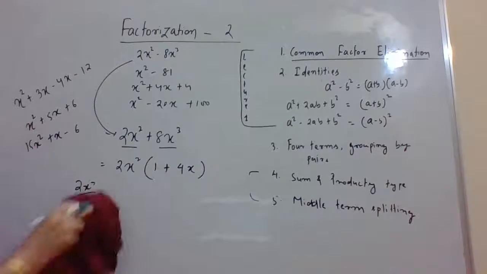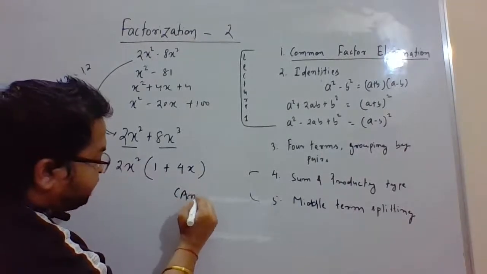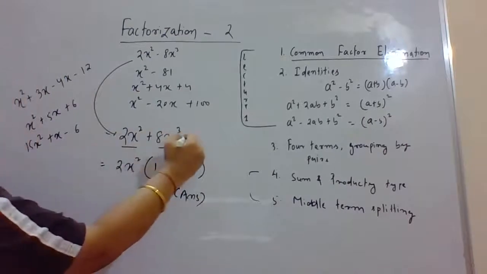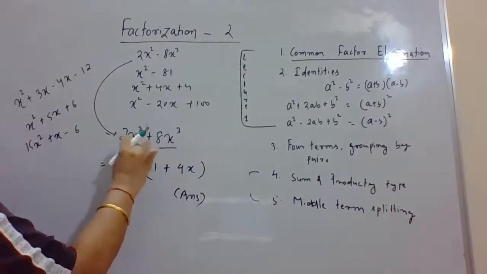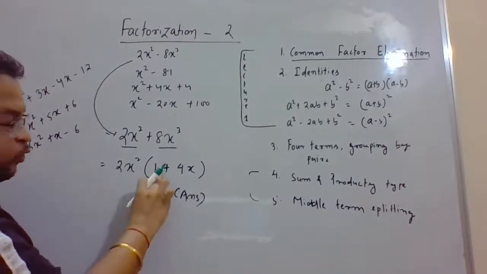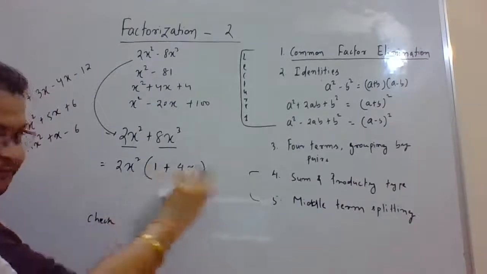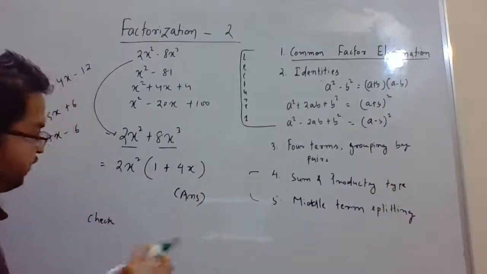So the fully factorized expression for 2x squared plus 8x cubed would be 2x squared into 1 plus 4x.